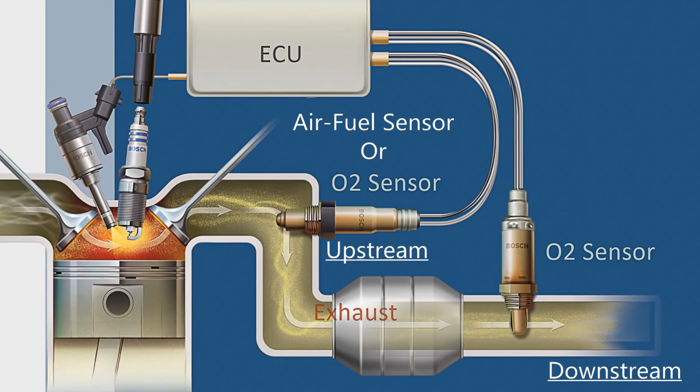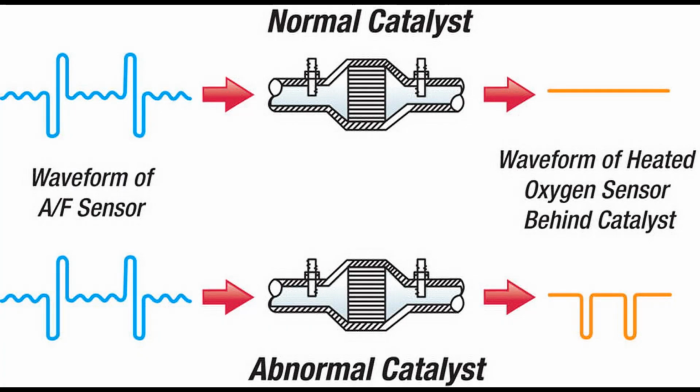If the catalytic converter has failed, what's coming in will be the same as what's coming out, but the job of the catalytic converter is to reduce pollution. So it cannot be the same exhaust gases that came through the exhaust and be the same exact exhaust gases coming out. It doesn't make any sense. The catalytic converter is like the middleman. It has to reduce the pollution in order to be functioning correctly.